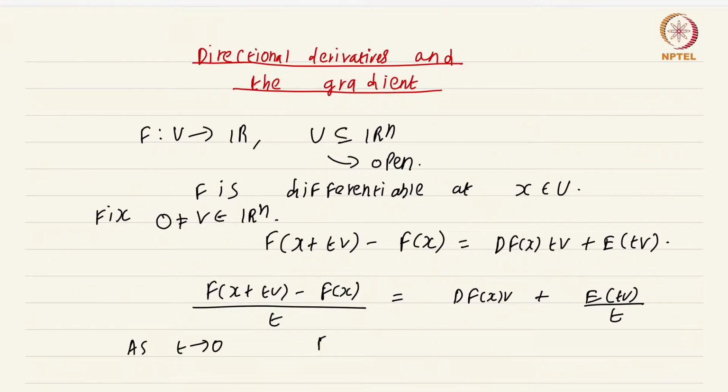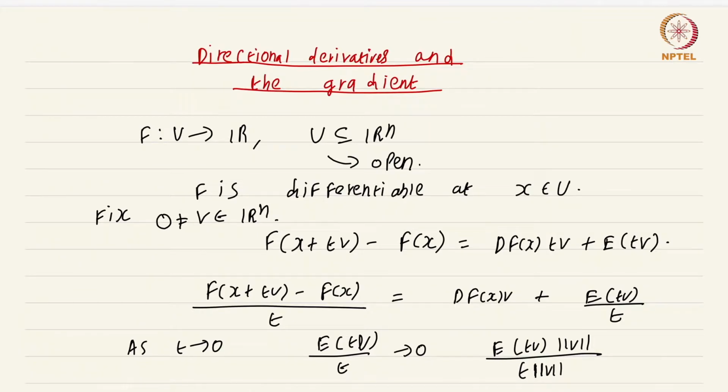Now observe that as t goes to 0, e(tv)/t goes to 0. To see this, all you have to do is multiply and divide by the norm of v.